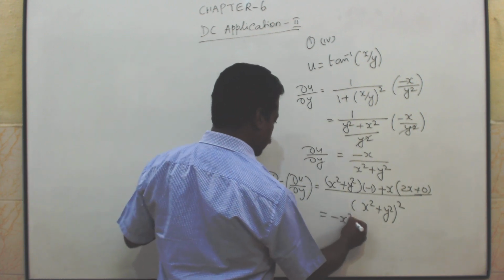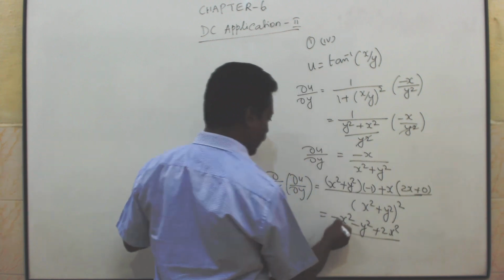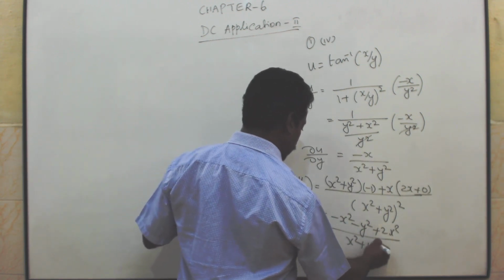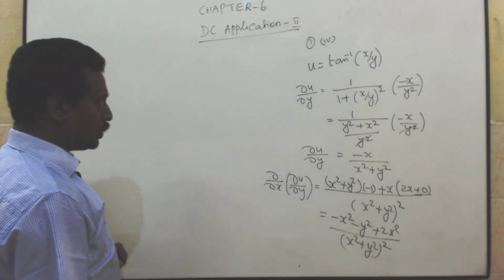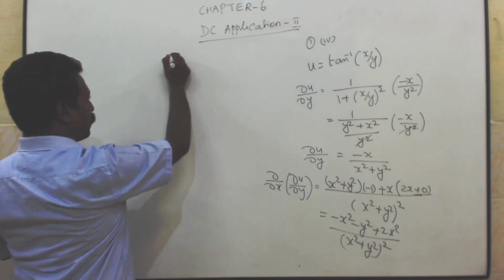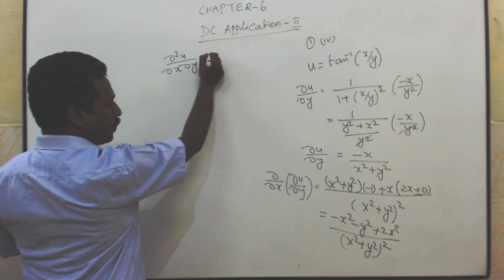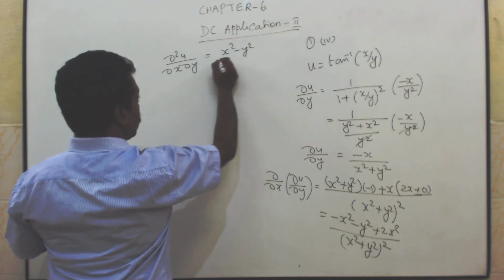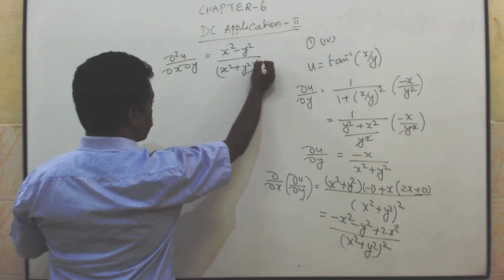Multiply minus x square minus y square plus 2x square by x square plus y square of whole square. 2x square minus x square, therefore dou square u by dou x dou y equals x square minus y square by x square plus y square of whole square.